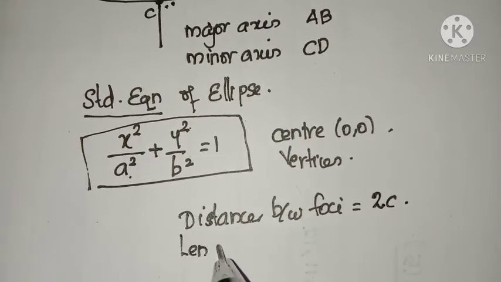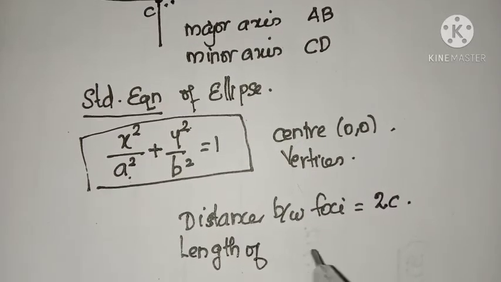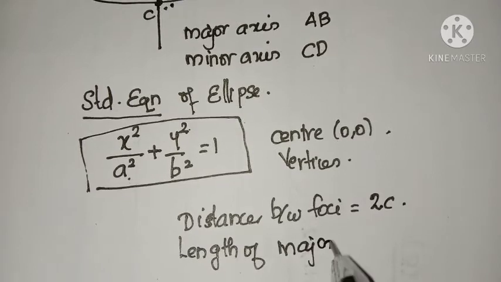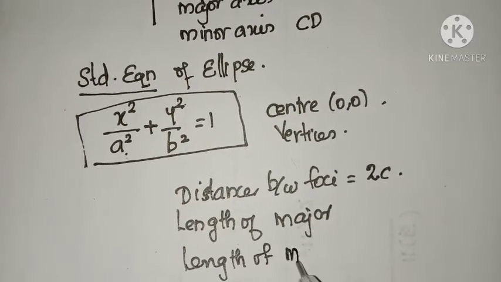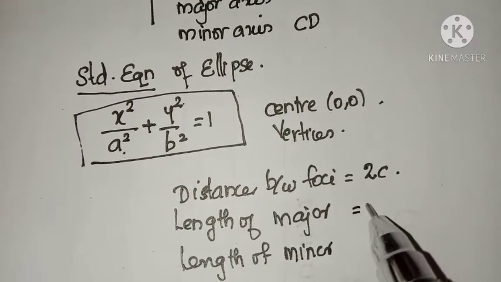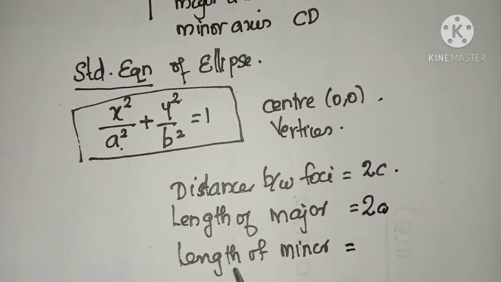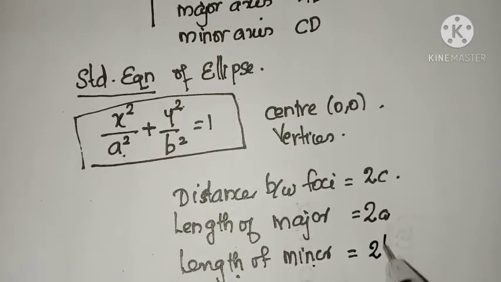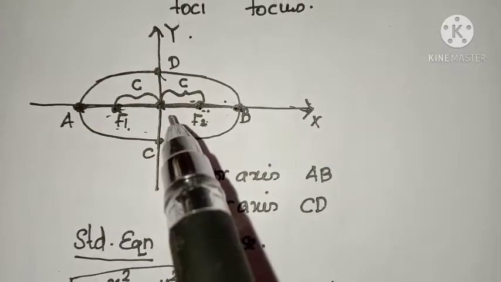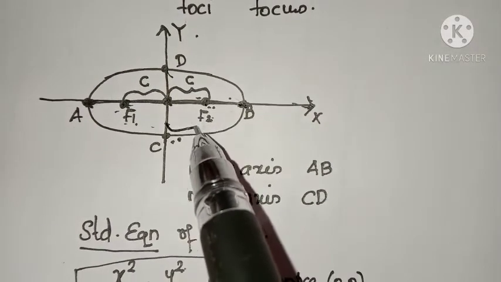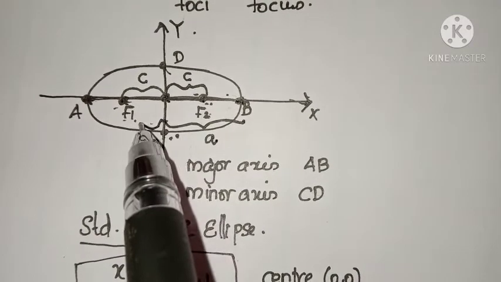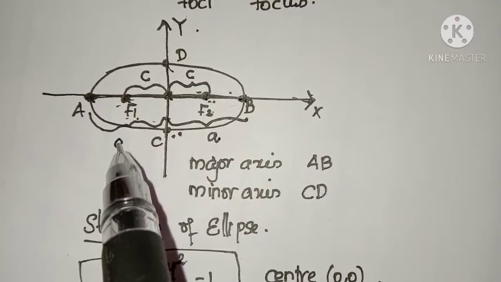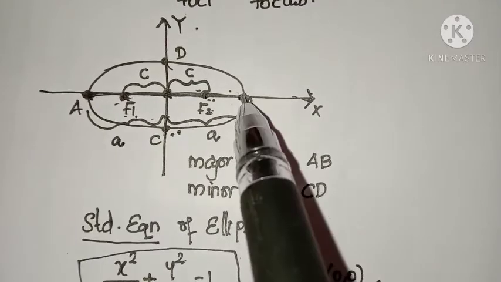Now listen, we can define the length of the major axis as well as the length of the minor axis. Okay, the length of the major axis is 2A and the length of the minor axis is 2B, because consider this distance from the center to this point B as A, and similarly from the center to A this length is A. So what is the total length?